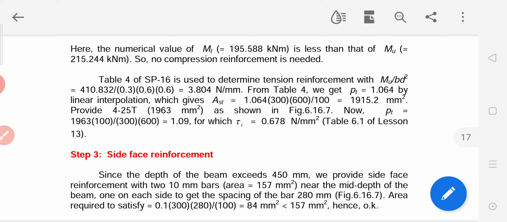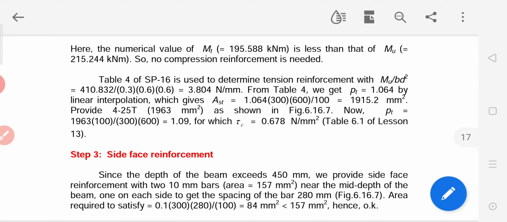Since the depth of the beam exceeds 450 mm, we provide the side reinforcement. We provide side reinforcement with 10 mm bars, whose area is 157 mm square, near the mid depth of the beam, one on each side, to get a spacing of the bar of 280 mm. The area required is PT BD by 100.